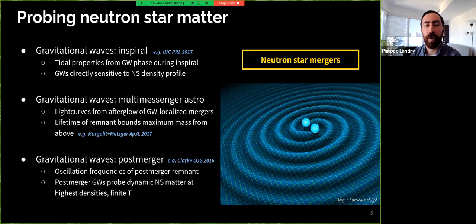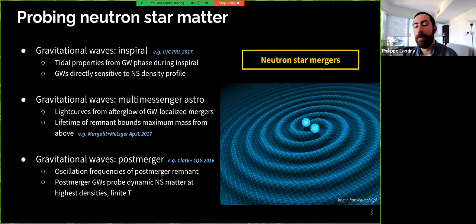When the two neutron stars merge, there may be an electromagnetic counterpart signal, possibly a gamma ray burst or a kilonova, which is the afterglow of all the material that is ejected as these two neutron stars merge. And the kilonova properties, like the light curve, can also be informative about neutron star matter.